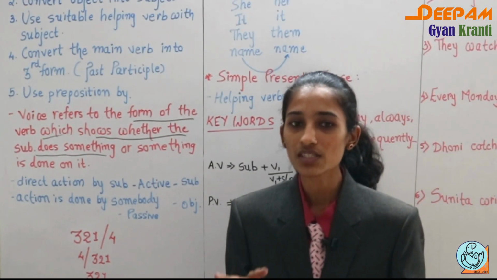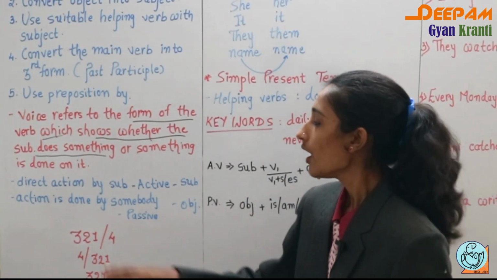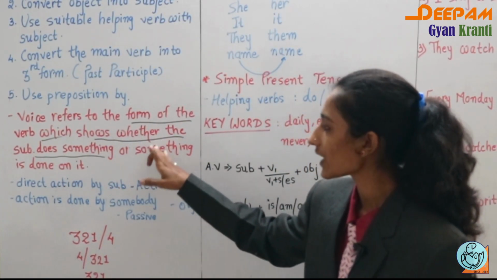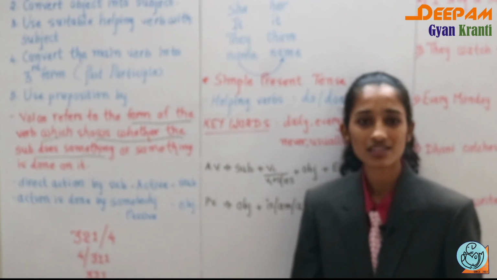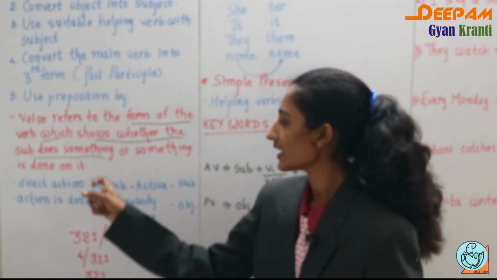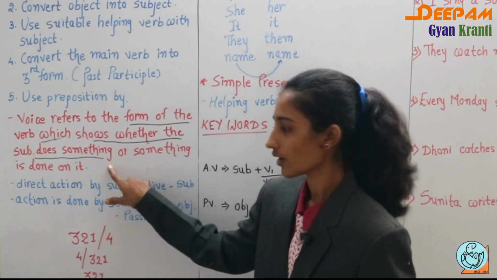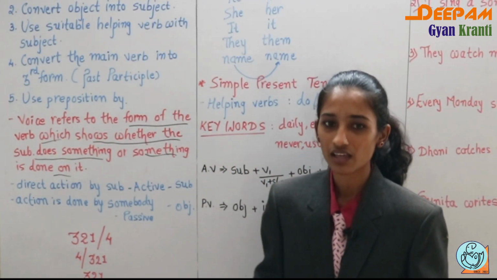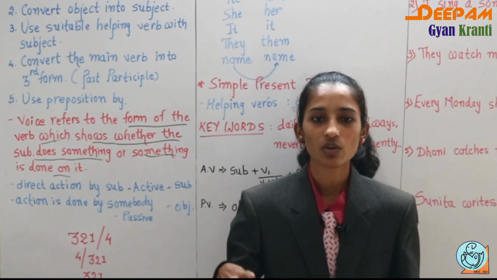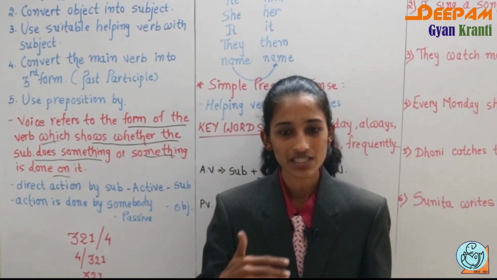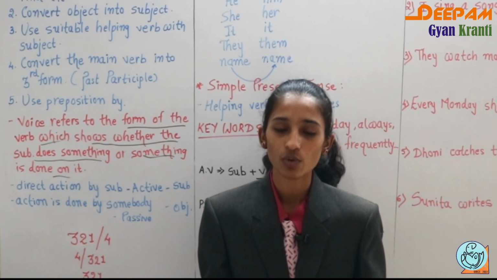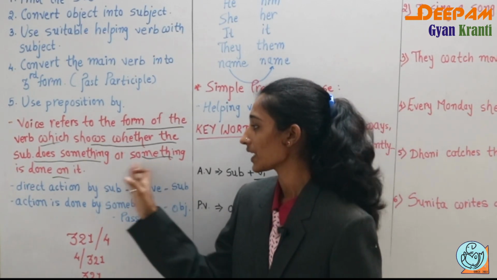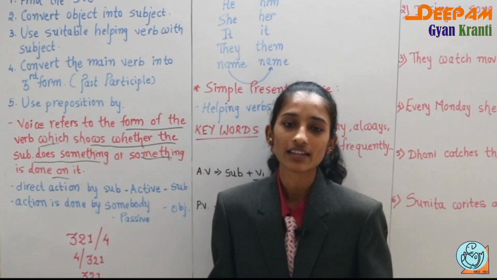In English grammar, voice refers to the verb which shows whether the subject does something, meaning the action verbs, or whether something is done on it. One is active, meaning the direct portion, and passive means something is done on it.